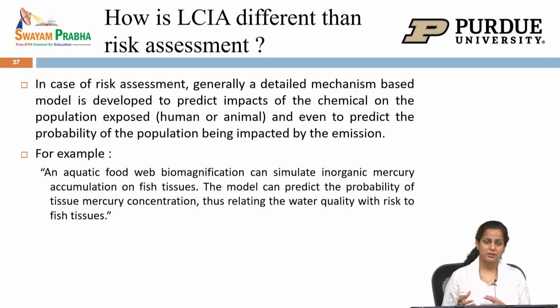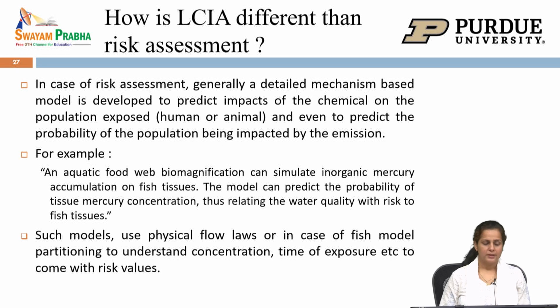Thus, you can relate the water quality issue to the fish tissues through this very detailed biophysical model. Such models use physical flow laws, or in the case of the fish model, the partitioning laws of the toxic chemicals in fish tissue versus water and also the time of exposure to calculate the risk values to the fish population.